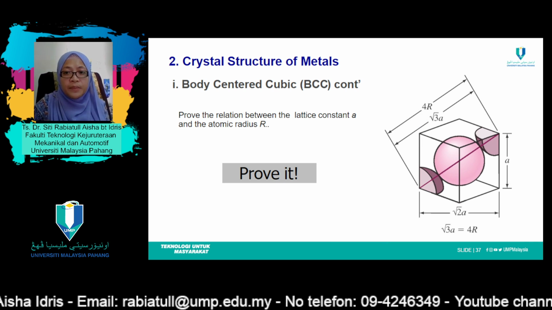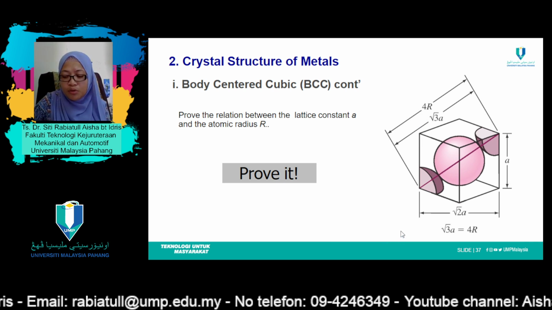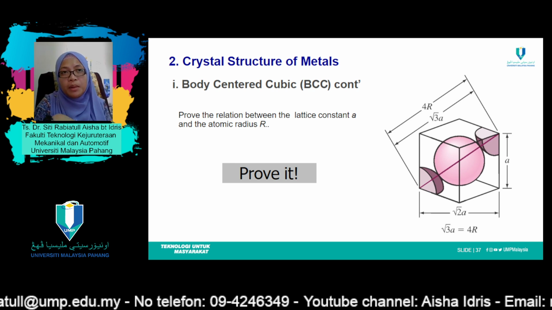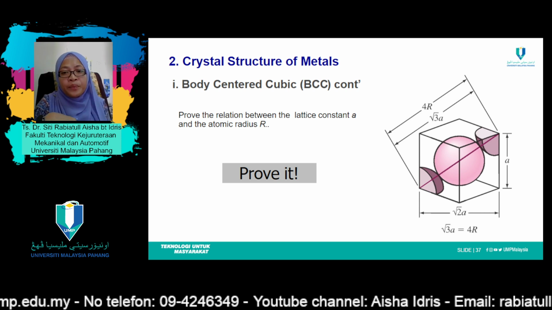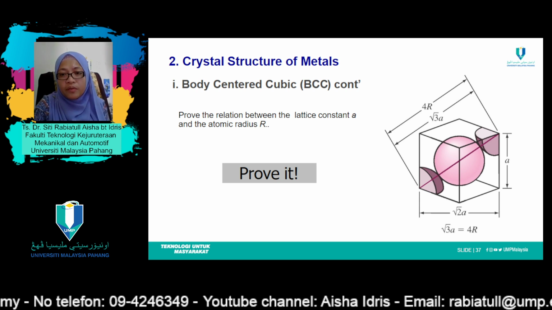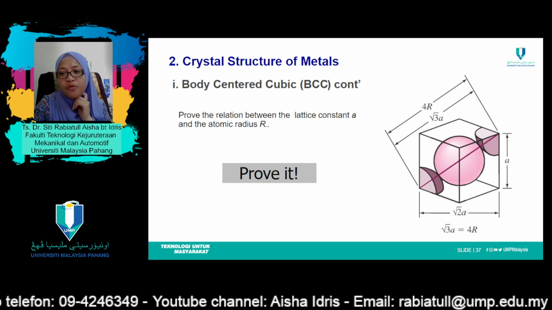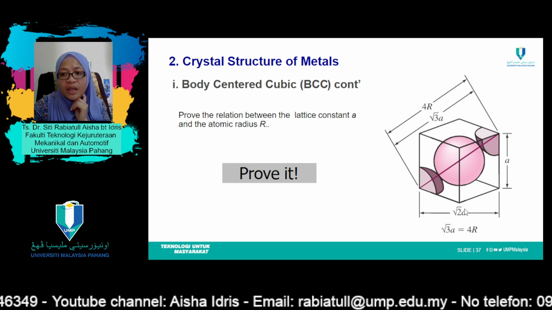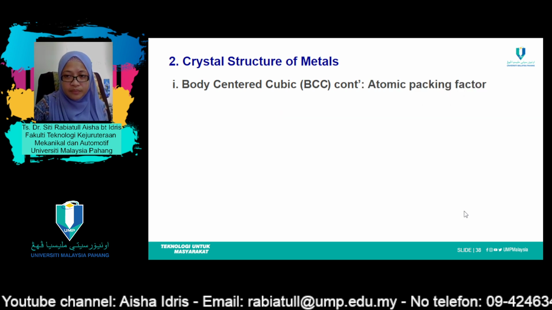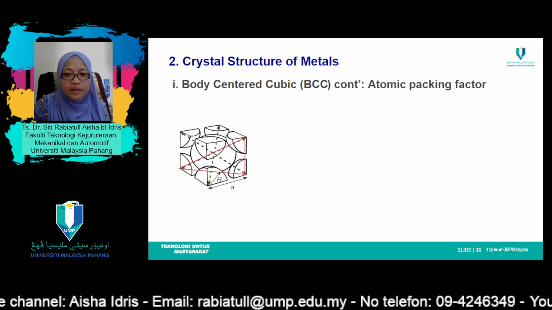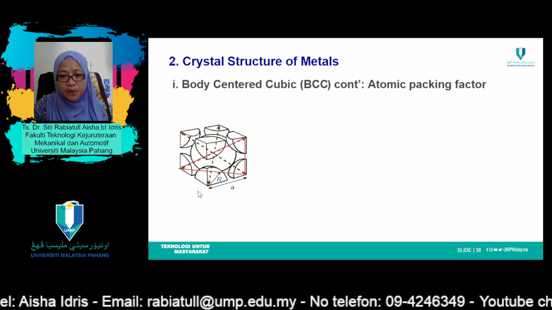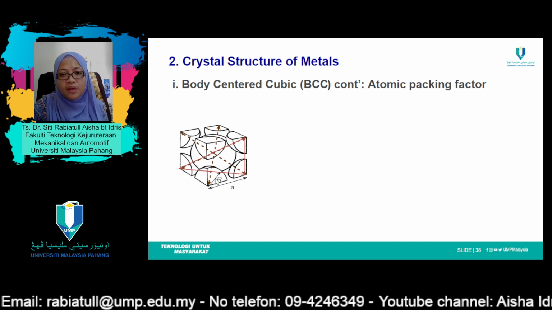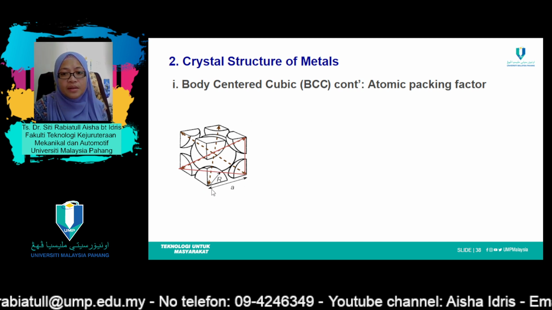So now let's look at how to calculate the APF, atomic packing factor, for BCC. First of all, the question asks you to find the relation between the radius and a here. The first thing is we have this cube, and this is a, and that one is the radius of the spheres there.